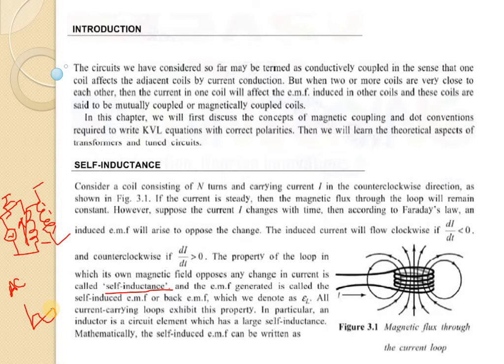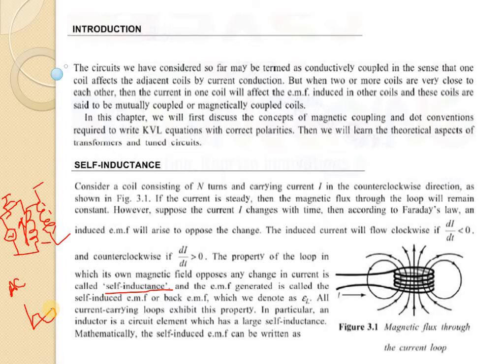Whatever amount of current is flowing changes with time, that means di/dt changes with time. So according to Faraday's law, whenever the flux linkages are changing, an EMF is induced. So EMF will be induced in that coil, and that EMF is due to self-induction.